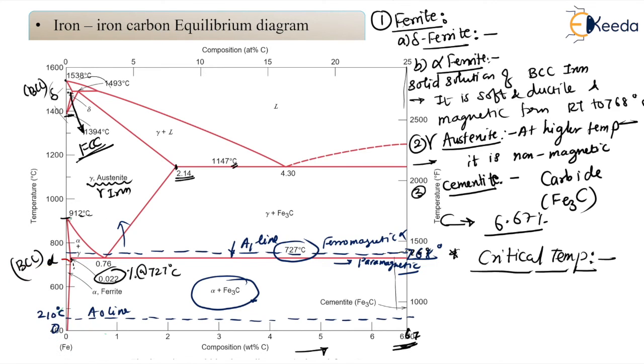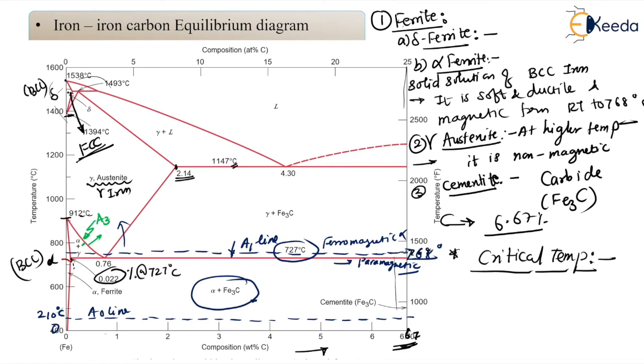Okay, so dear students, this line is known as the A3 line. So what is this A3 line? Dear students, if you see here, this is the last trace of free ferrite, which gets dissolved to form 100% austenite, because after this, this alpha will no more be there.